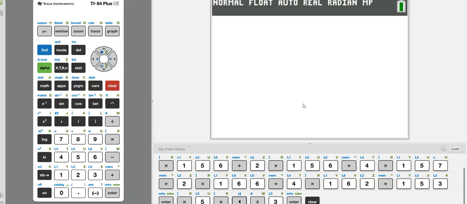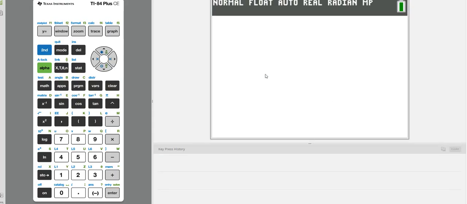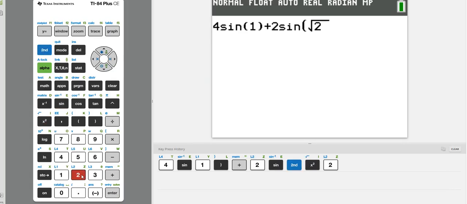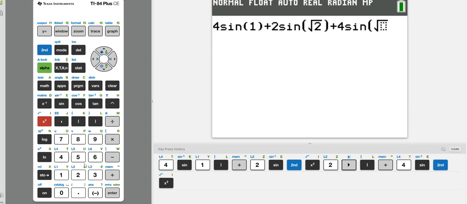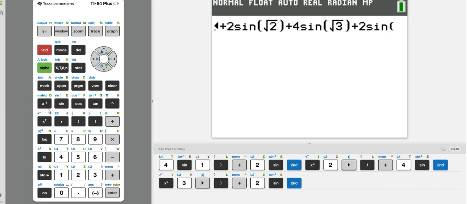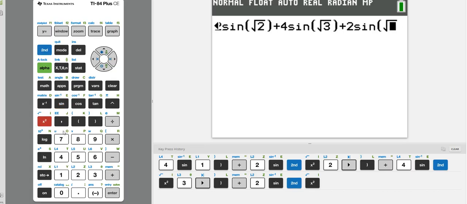Clear out a lot of junk here. I want 4 times the sine of 1 plus 2 times the sine of the square root of 2 plus 4 times the sine of the square root of 3 plus 2 times sine of, actually just 2, right?